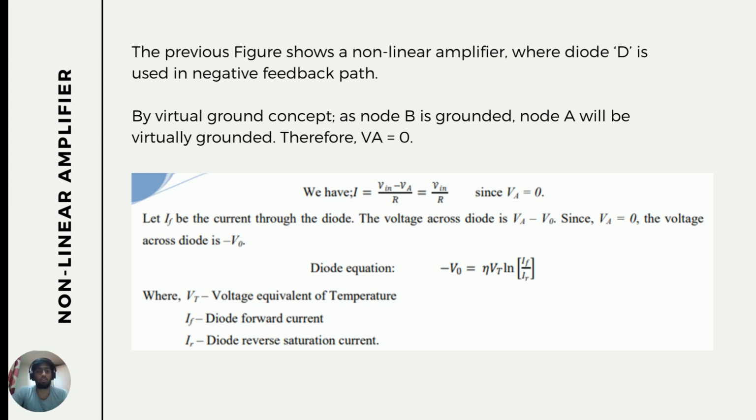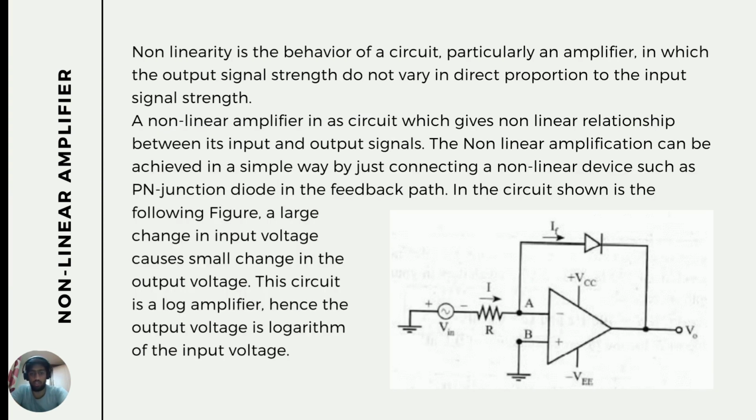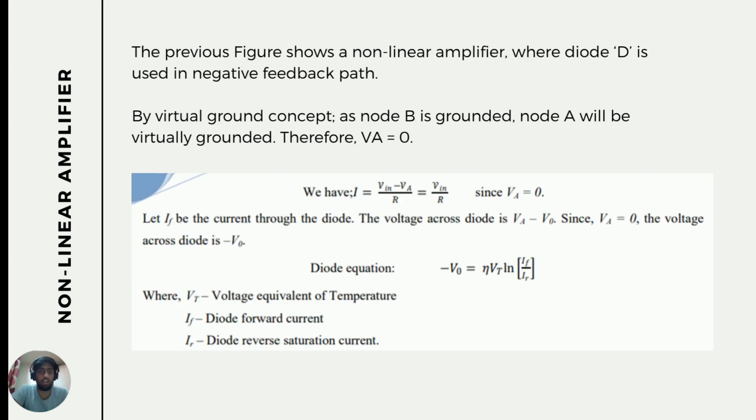By virtual ground, we are going to prove that the output is logarithmic of input, starting with the virtual ground concept. As node B is grounded, connected to the earth, node A will also be virtually grounded by the concept of virtual ground.